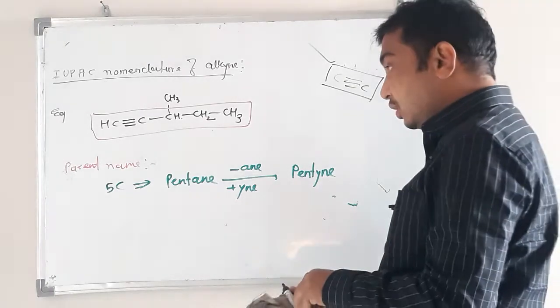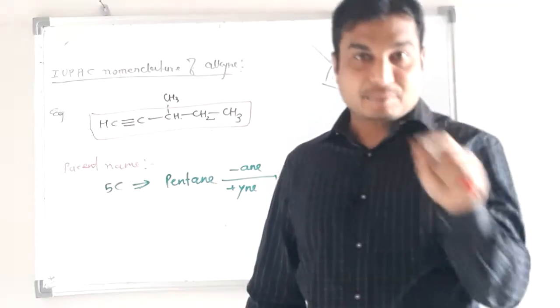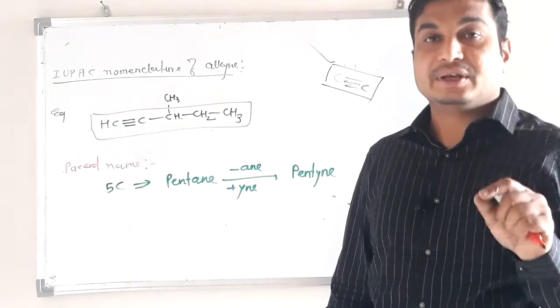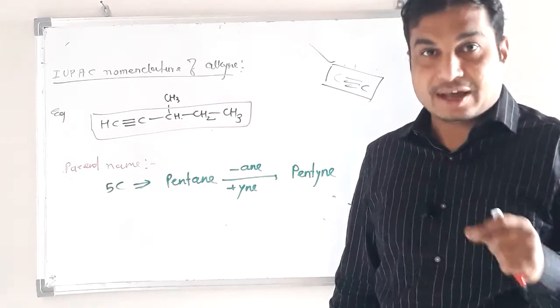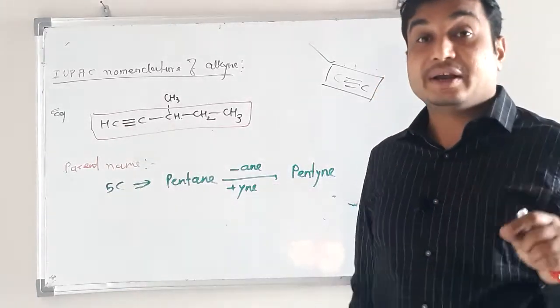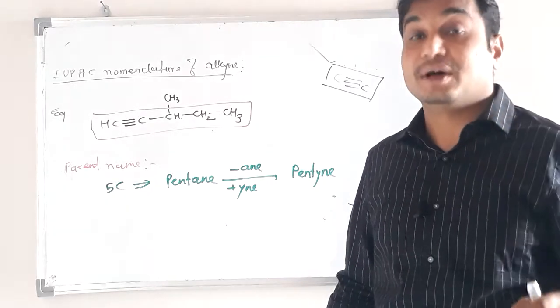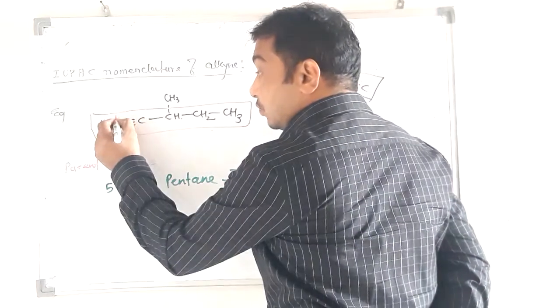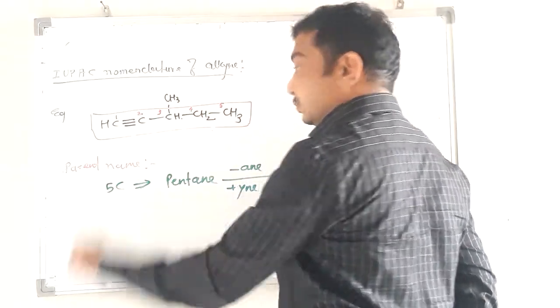As usual, give numbering, and we have to number this carbon chain in such a way that the carbon atoms of the triple bond get the lowest possible number. So 1 2 3 4 5.